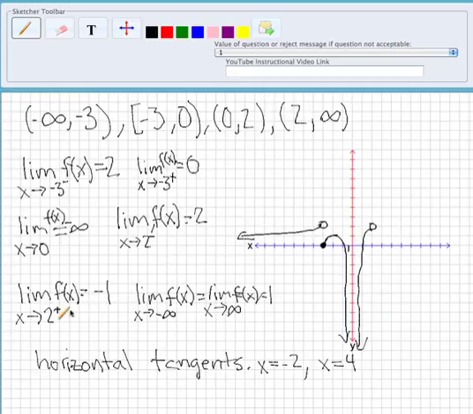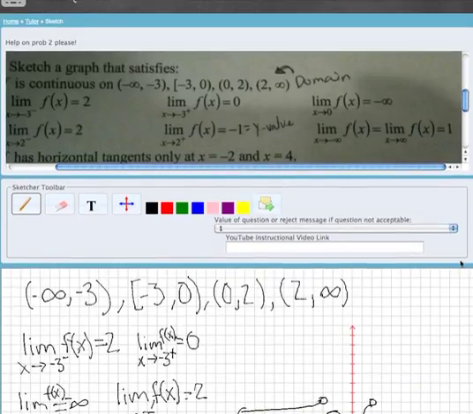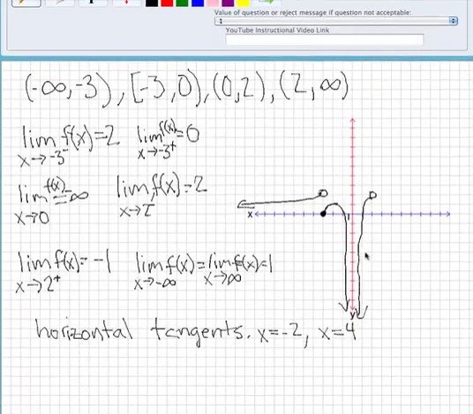So now what we're going to look at is this. From the right side, the limit is negative 1. And let me just check one thing. Yeah, the negative 1. And it's also at 2 from the right side. So negative 1, and it's also going to be an open circle. And then we've got to look at this right here. There's a horizontal tangent, so that means it's a 0 slope at x equals 4.